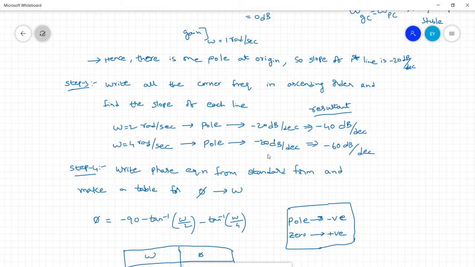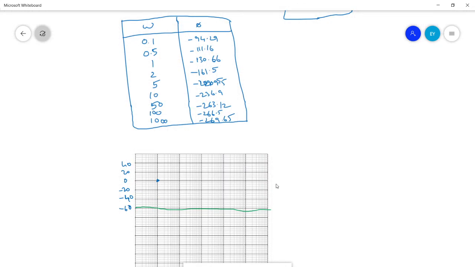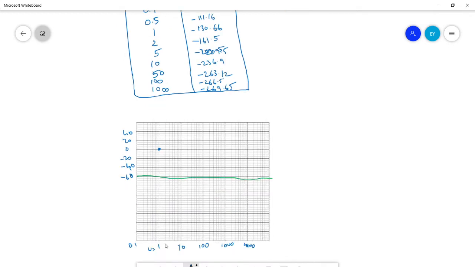Okay, we'll just write it here. Where omega is equal to 1, omega is equal to 2 is here. At omega is equal to 2, you got minus 20 dB.